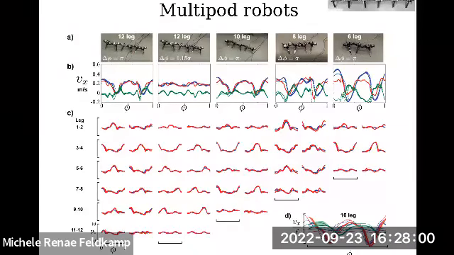If you rescale the velocity of the robots by the frequency, so you divide velocity by frequency, and the motion is perfectly geometric, you should get the lines overlapping. That isn't what happens. At the lower two speeds, they kind of overlap. At the higher two speeds, they kind of overlap. And in the middle speed, they're doing something completely different from the other two speeds. So that was one case where we sort of failed in our prediction.